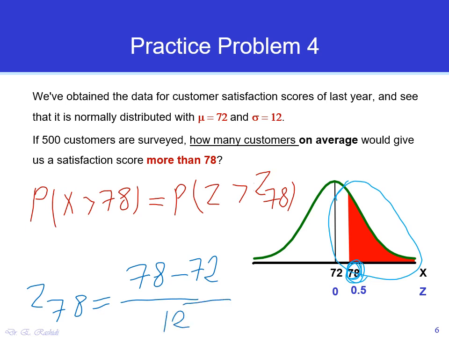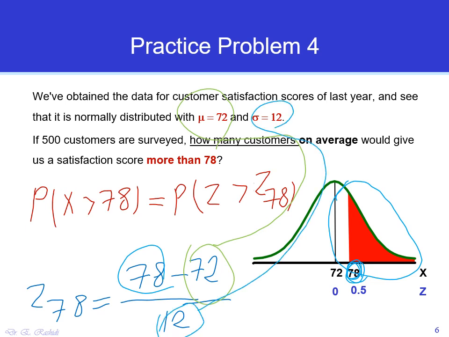And these two come from here, and here. If you compute this, that's 78 minus 72, that's 6, divided by 12, that's 0.5.